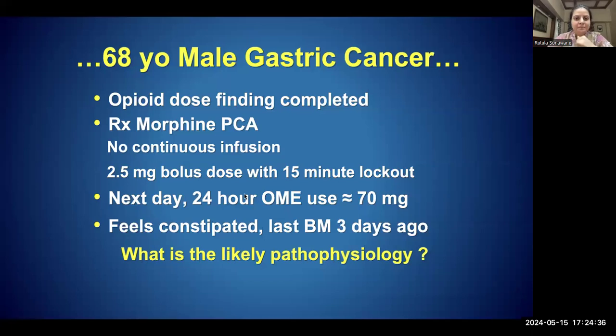He was given injectable morphine through a patient controlled analgesia system, and the requirement was around 70 mg. But he feels constipated since 3 days. So last bowel movement was 3 days ago. What do you feel is the reason for this constipation now? Anyone?